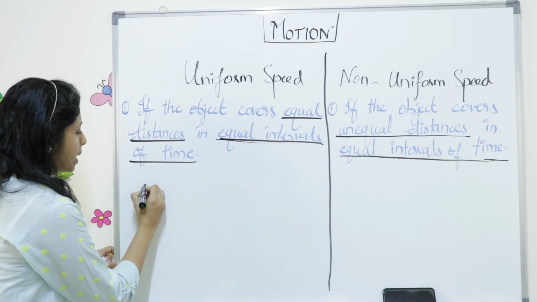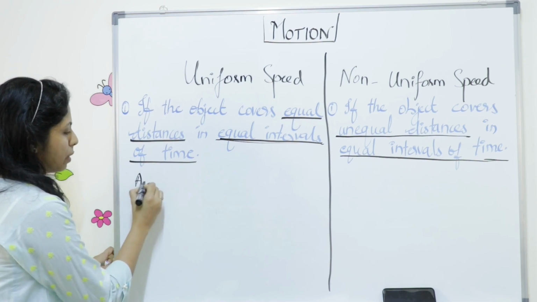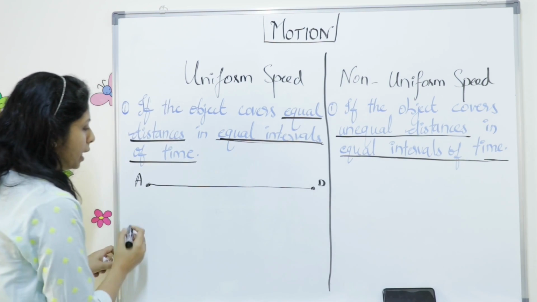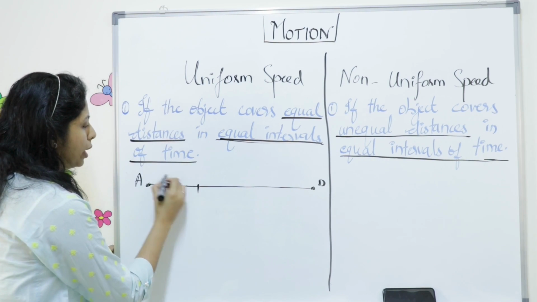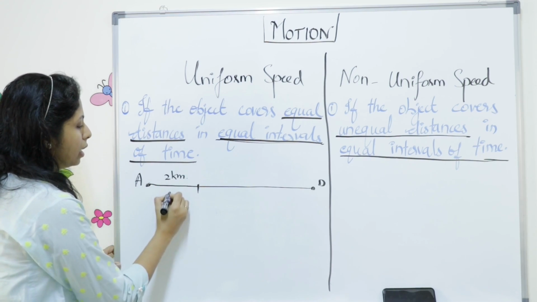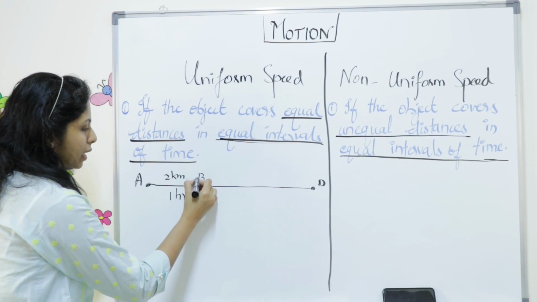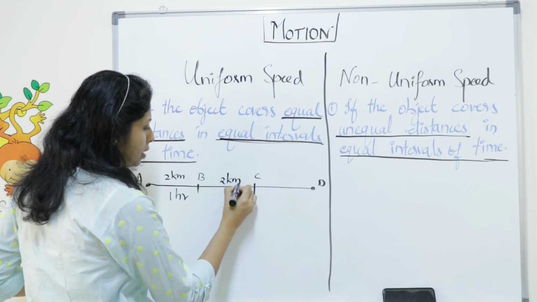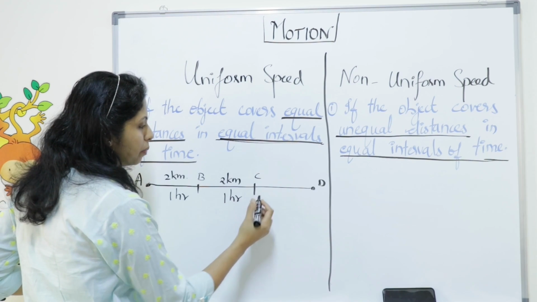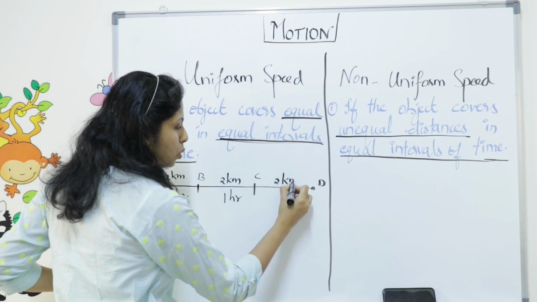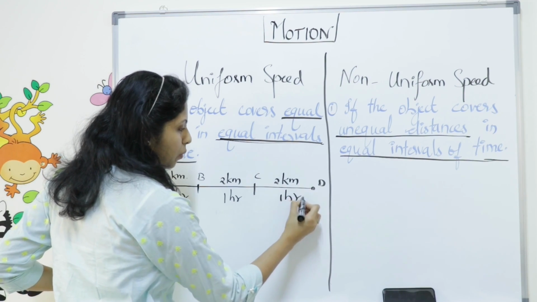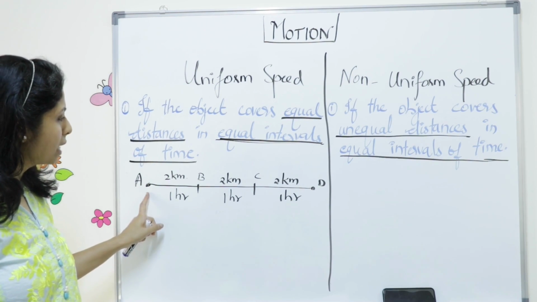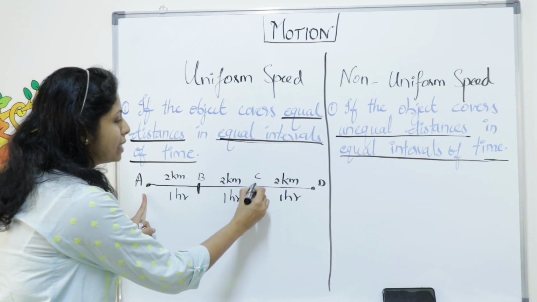Let us take an object that travels from point A to point D, and it covers the first 2 kilometers in 1 hour, and again it covers the next 2 kilometers in the same 1 hour, and again the next 2 kilometers in 1 hour.